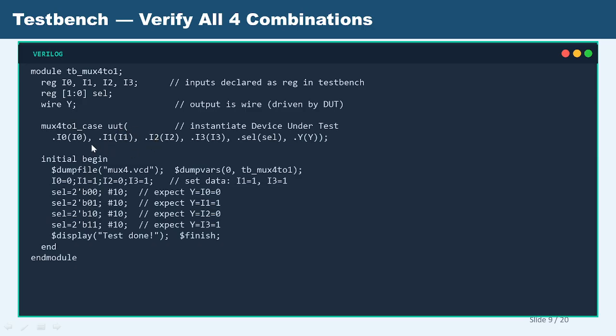It's going to do the mapping, port mapping means it's going to map input I0 of the test bench module to input I0 of the design code, okay. So it's going to initialize the design components to the test bench components. Afterwards we are going to use initial begin to begin the test code.